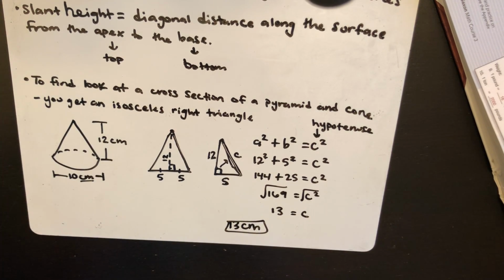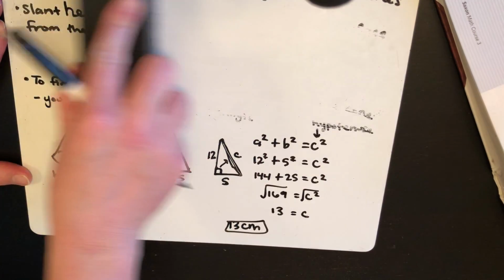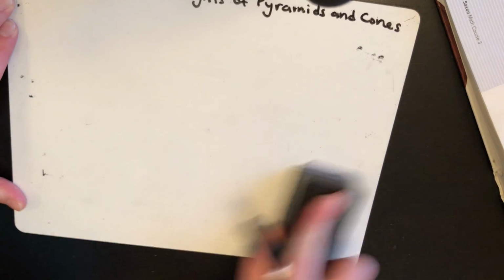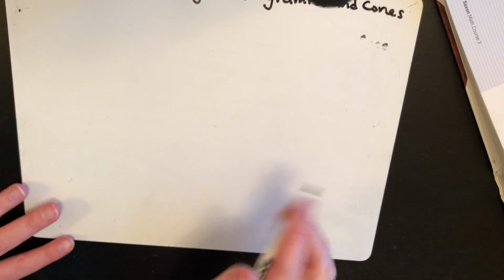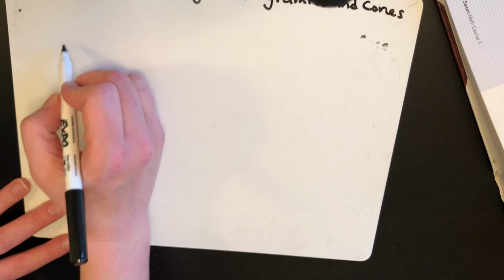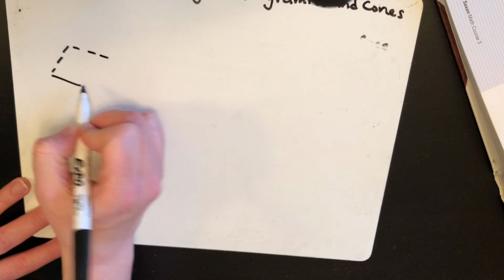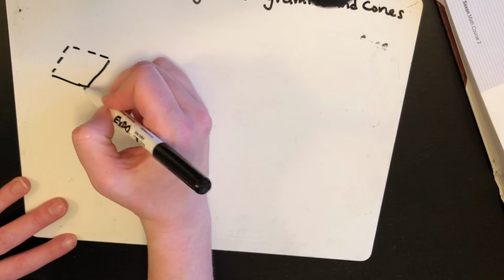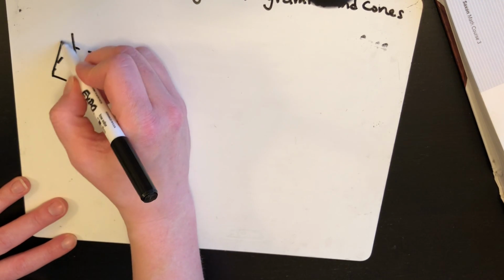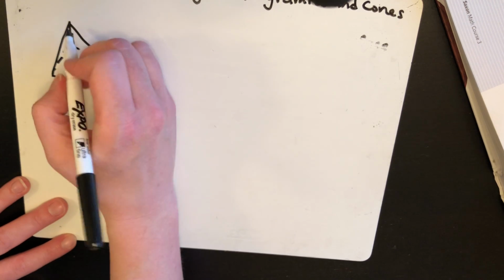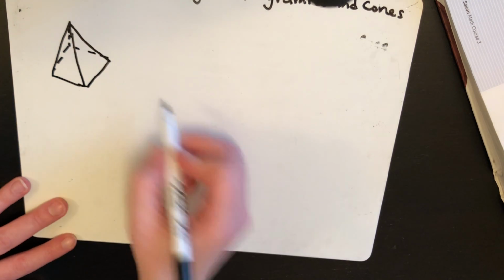All right, let's look at a pyramid. It's going to be the exact same thing. So if I have, let's see if I can draw this real quick. You're gonna have to pretend it's a pyramid with me here. All right, 1, 2, 3, and there's a fourth side way back there.